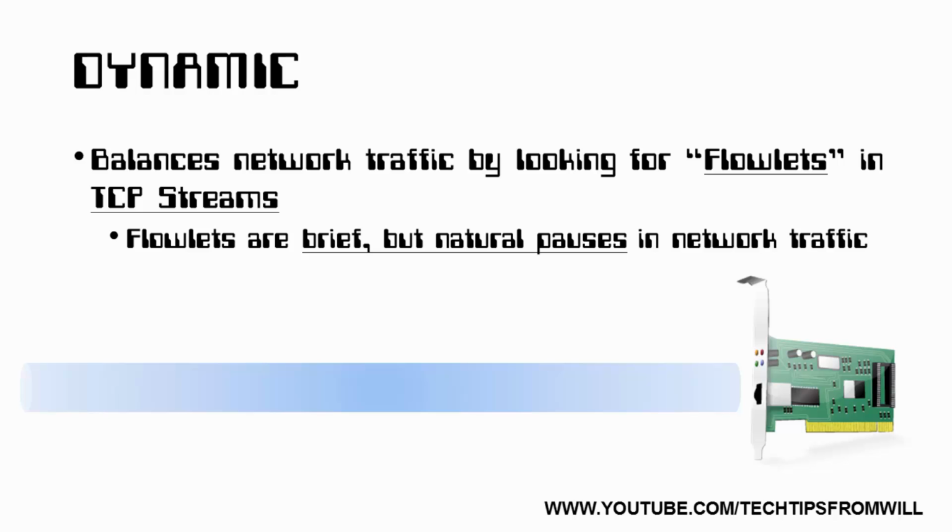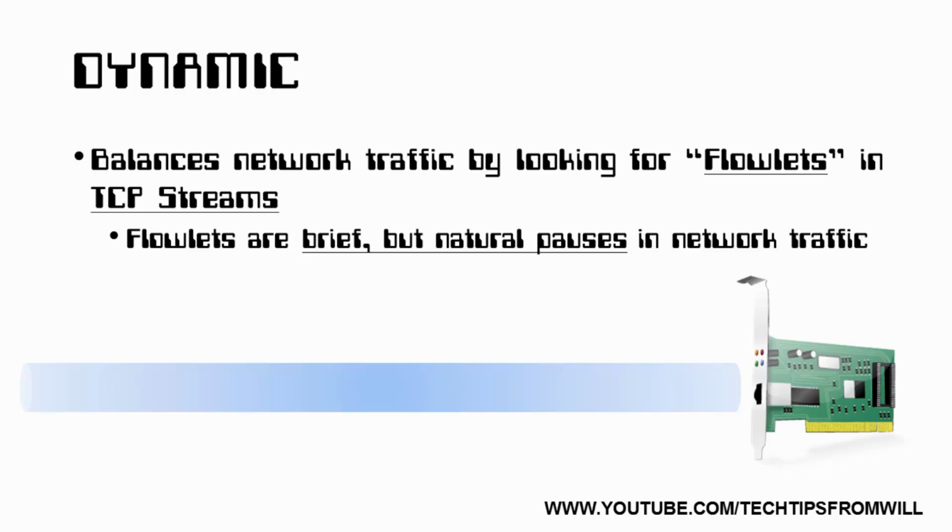Every TCP stream has flowlets that occur naturally. Flowlets are completely normal and are by design. By measuring the amount of flowlets on a network card, dynamic load balancing is able to make an educated guess on when it is best to shift TCP streams to different adapters.